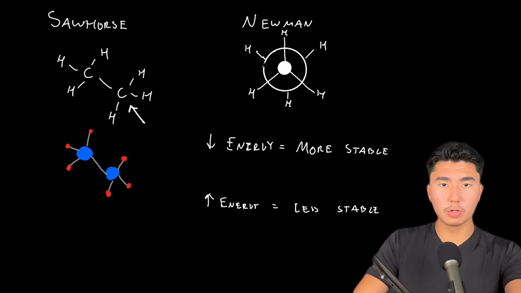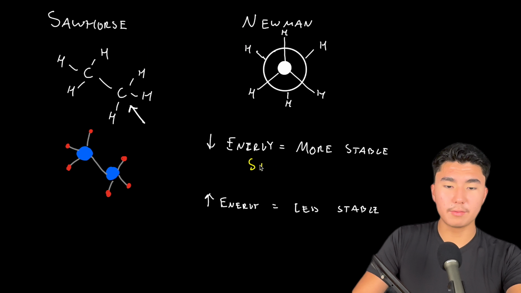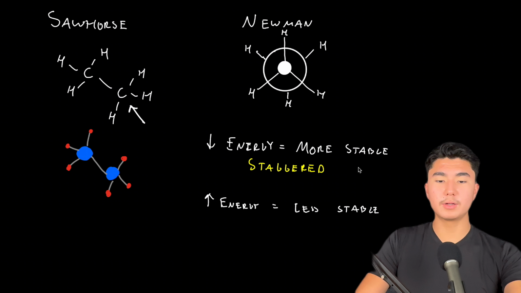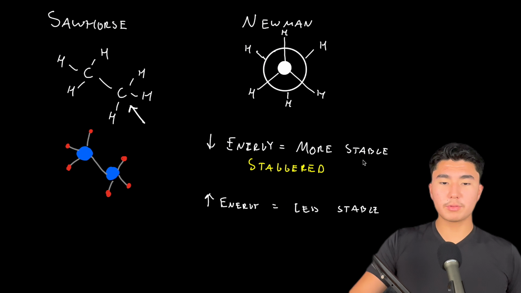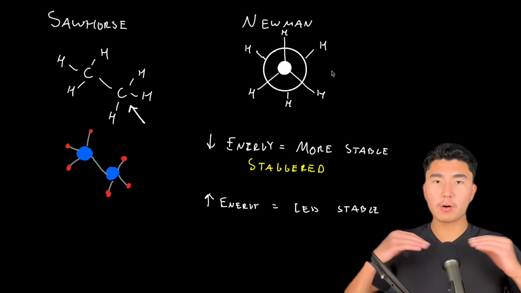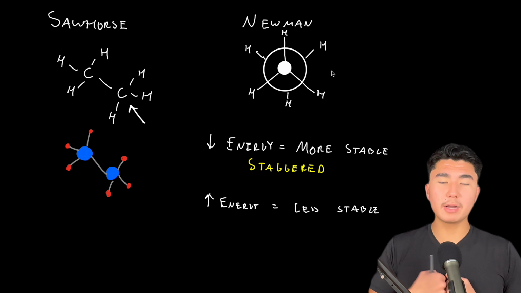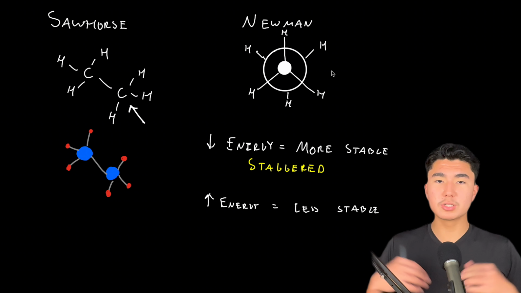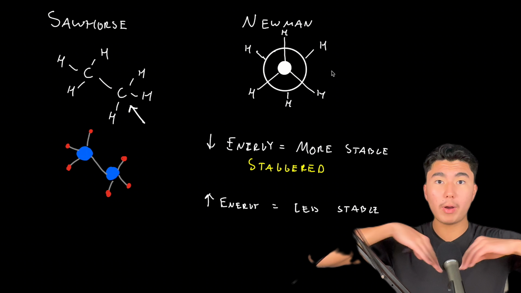if we have lower energy, we're going to have this configuration called the staggered configuration. And staggered configuration is going to be when all of those CH bonds are farthest apart. If they're farthest apart, they're not going to repulse each other, and we have less energy. So there's not going to be a lot of drama between those atoms because they're farthest away from each other.